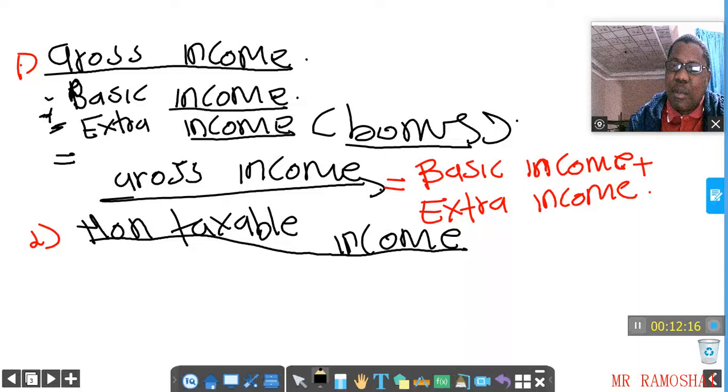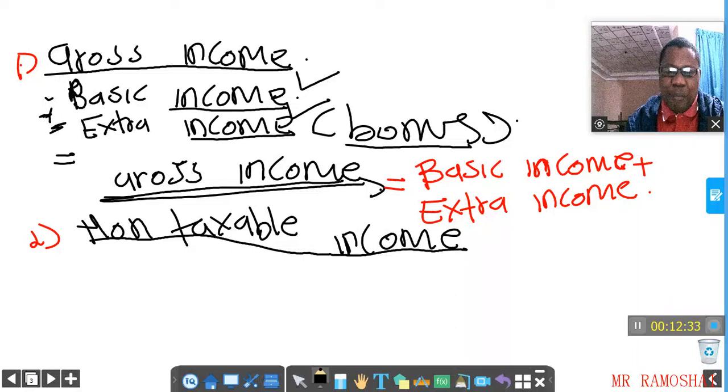So here, basically it means that part of this is not taxed. You understand? Remember, the only income that we have now is gross. And what is inside the gross is basic plus extra. So here, now they say part of that is not going to be taxed.